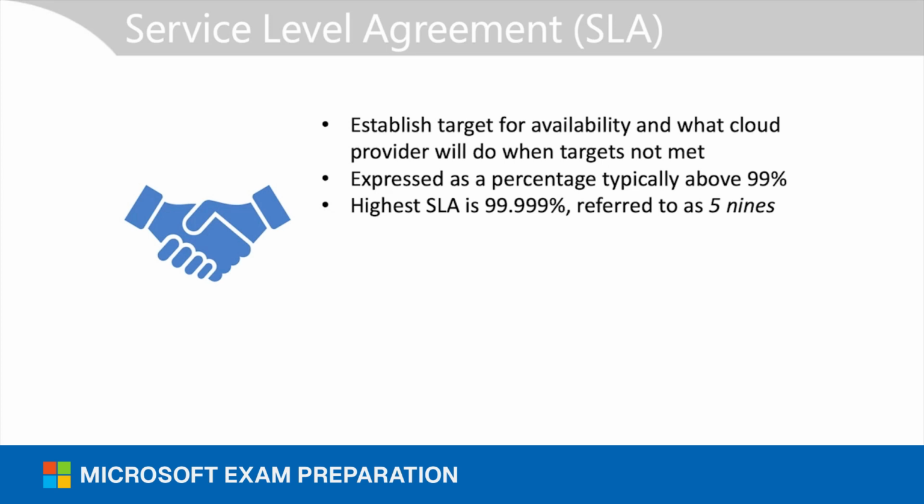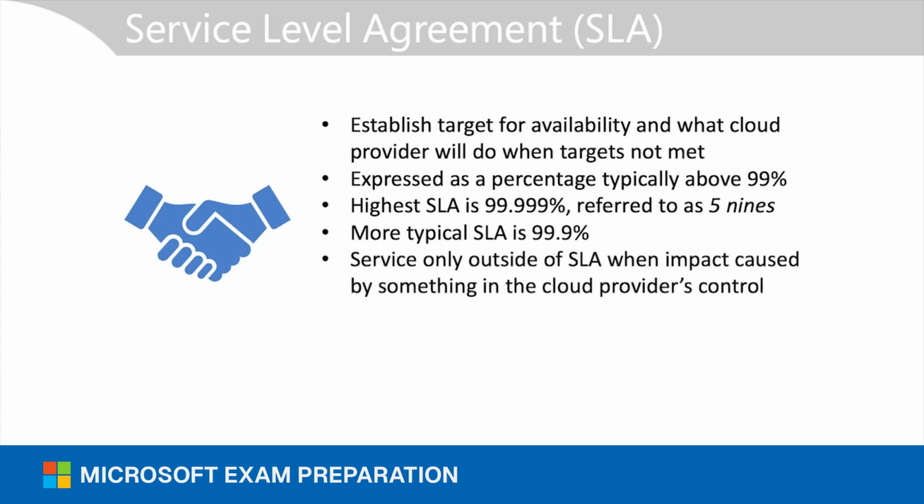The highest SLA is 99.999%, which is commonly referred to as 5 nines. This is obviously what all cloud providers aim for, but a more typical SLA is 99.9% or 99.95%. A service is only outside of an SLA if a problem is caused by something that's within the control of the cloud provider.